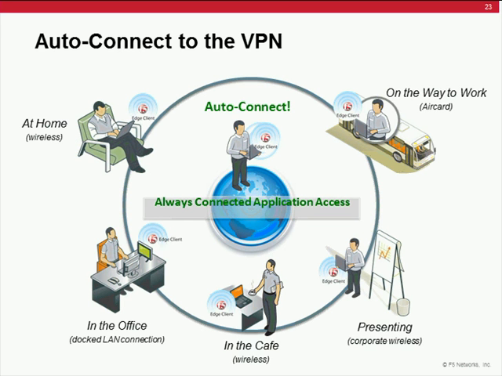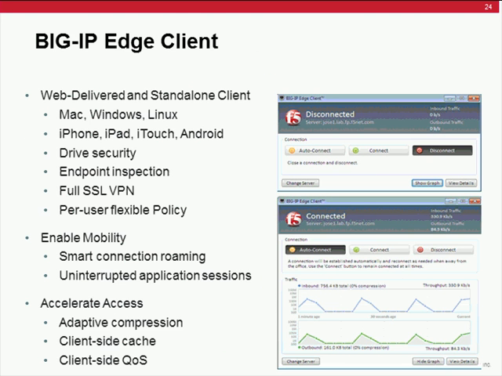So as you can see, it's a very fast way for us to be able to provide Edge client and end client support for those users as they're trying to migrate through the many different mobile and remote access points. We do that, again, with a BIG-IP Edge client. As you can see, it's either a standalone client or web-delivered. We can easily provide it and support many different operating systems as well as mobile devices.